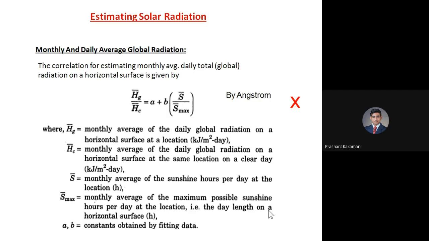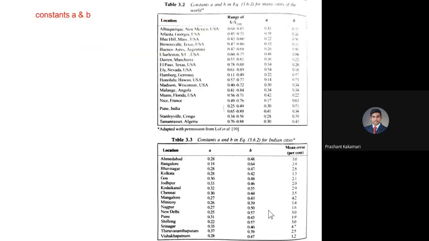The other two constants, a and b, have been found by different mathematical correlations and are also called constants of the given equation, obtained by mathematical data fitting procedures. They can be found and tabulated like this. One of the researchers, Löf, has given these tables.